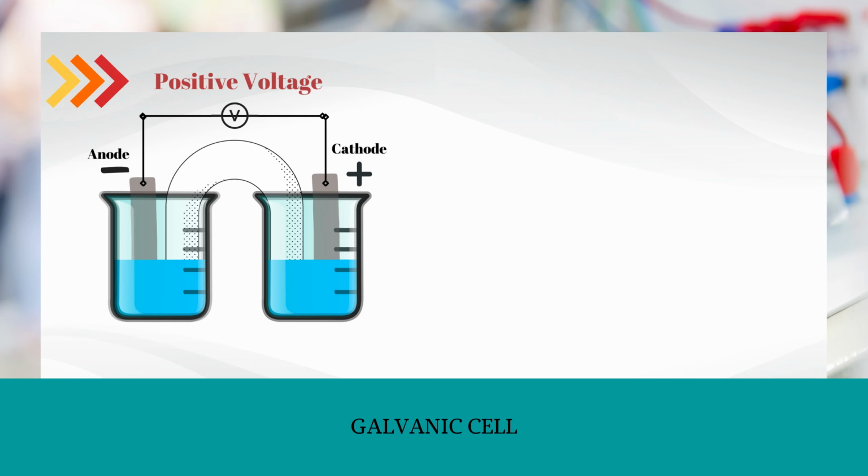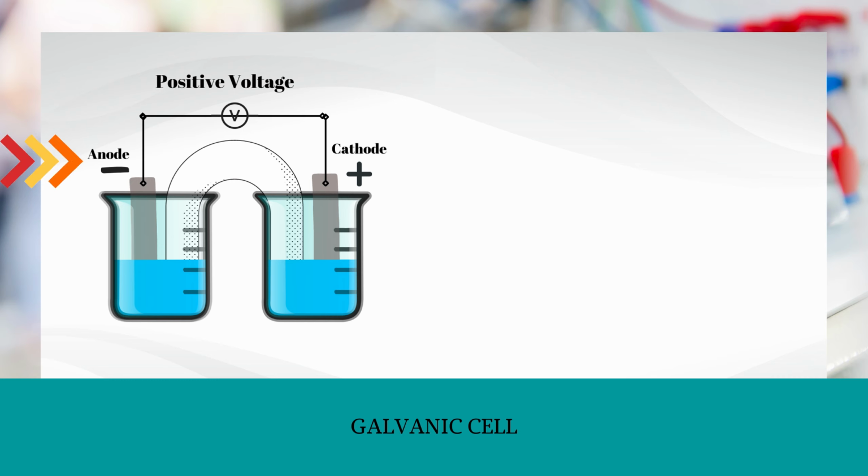The slide shows the galvanic cell. So remember, galvanic cell derives its energy from spontaneous redox reaction. A spontaneous redox reaction always has a positive voltage, and electrical energy released during the chemical reaction can be used to do work.